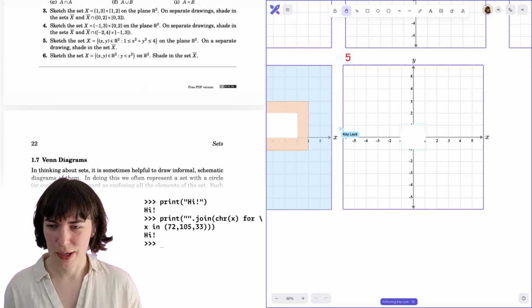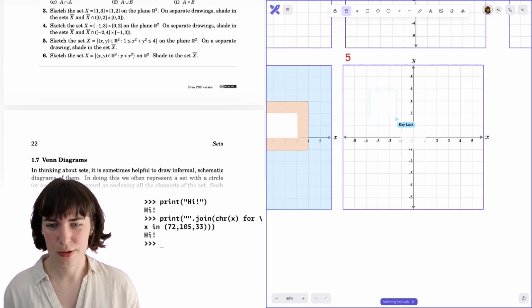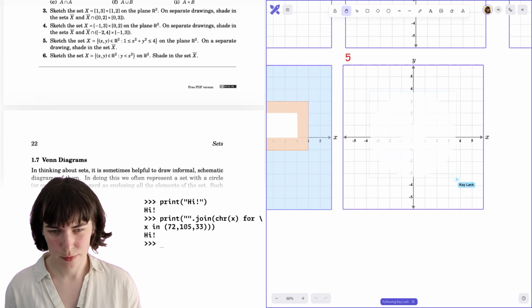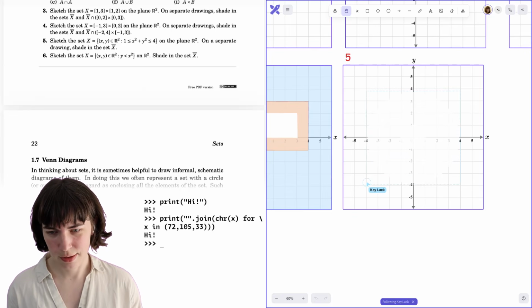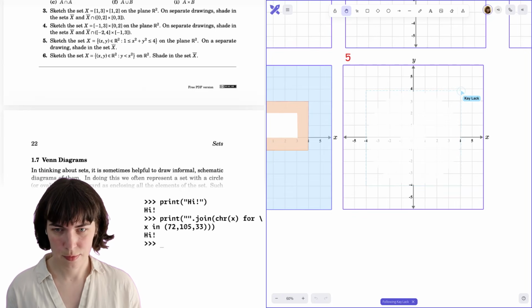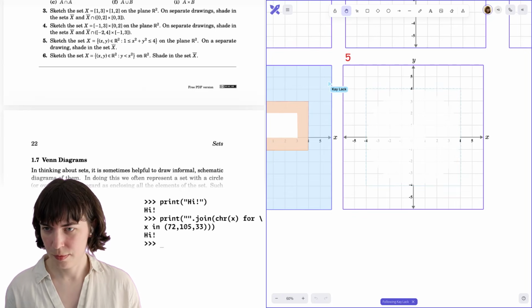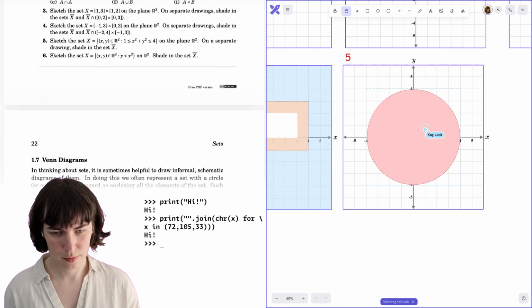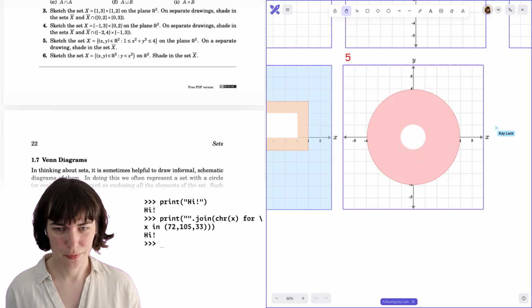So I think we're going to end up with something that goes like this. I think this is what we get. Oh, that's a bit odd. Okay.